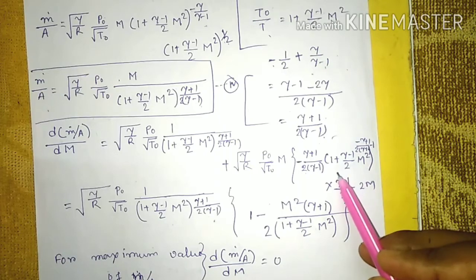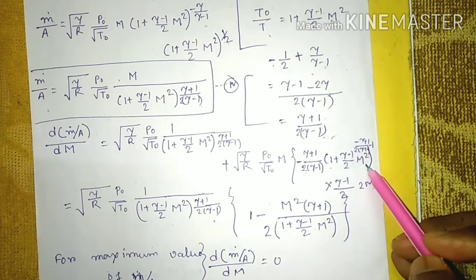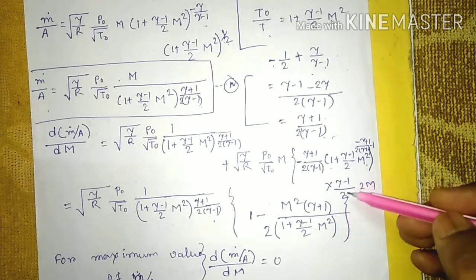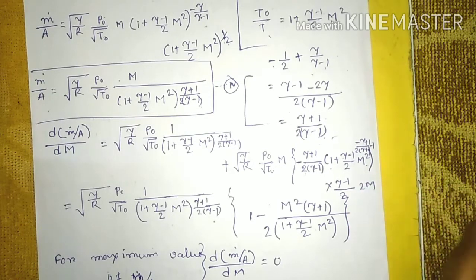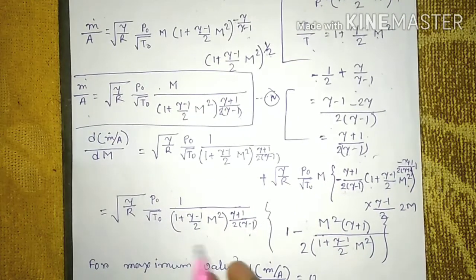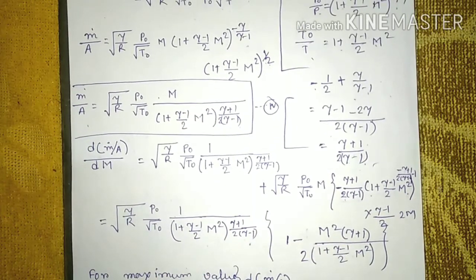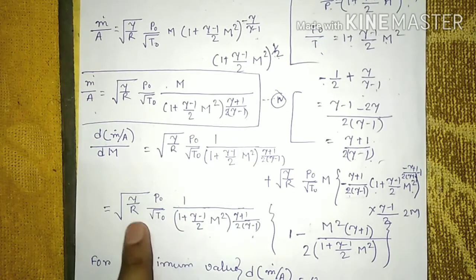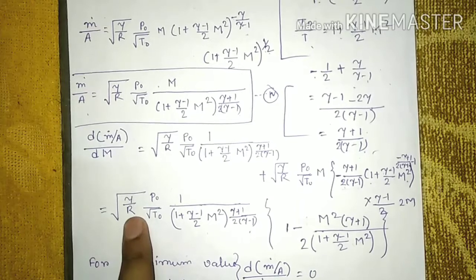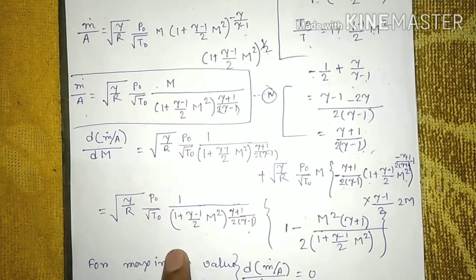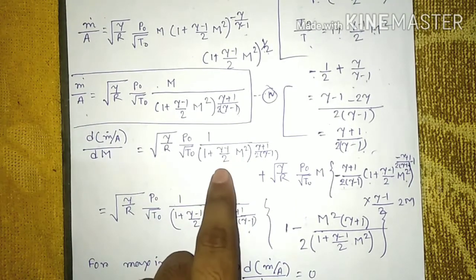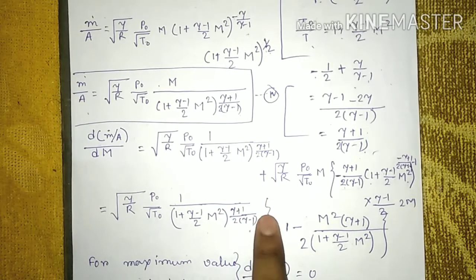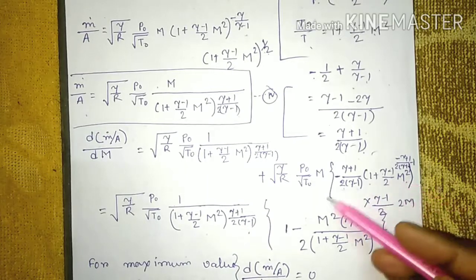again that term 1 plus (gamma minus 1) by 2 into M squared. If you differentiate it with M, that will be (gamma minus 1) by 2 into 2M. Now after calculation, the expression becomes square root of gamma by R into P0 by square root of T0, 1 plus (gamma minus 1) by 2 into M squared to the power gamma plus 1 into 2 to the power gamma minus 1, and after all that, all these terms will cancel.